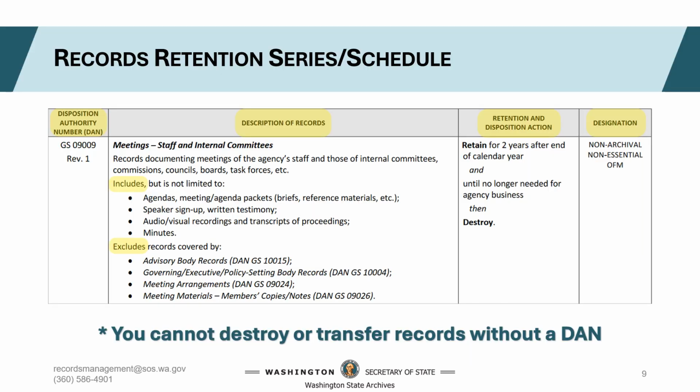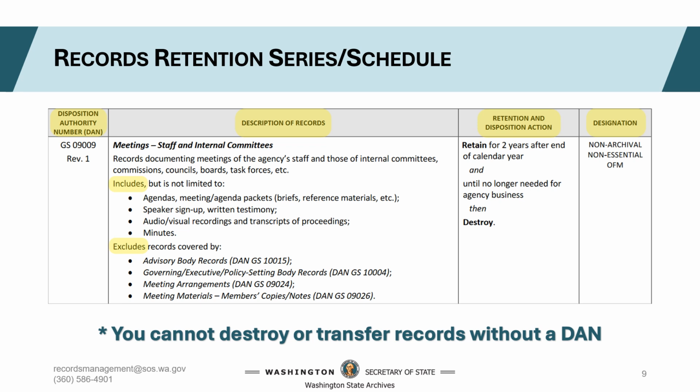This is a screenshot of one record series, Meetings, Staff, and Internal Committees, that you'll find in Core and the State General Schedule. Retention schedules are lists of record types an agency manages, much like any list you create or use in your work. Each type of record has a Disposition Authority Number, or DAN.